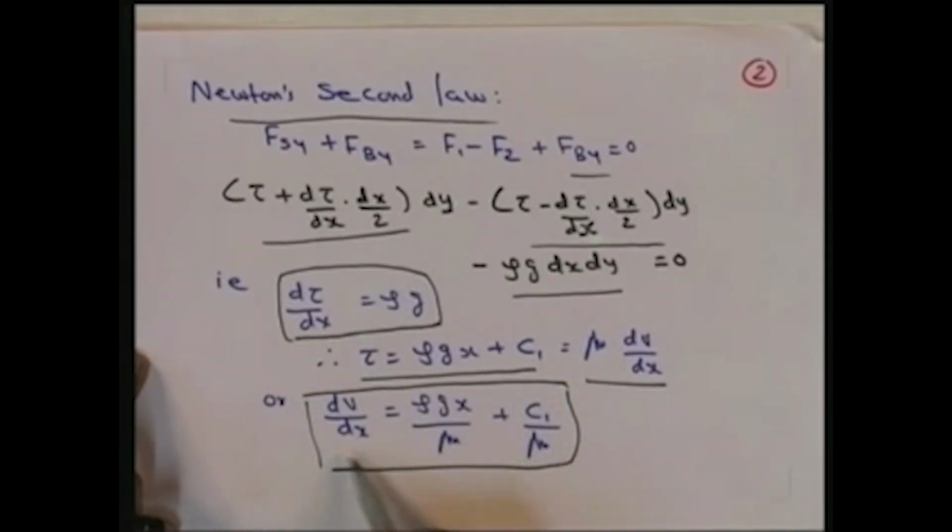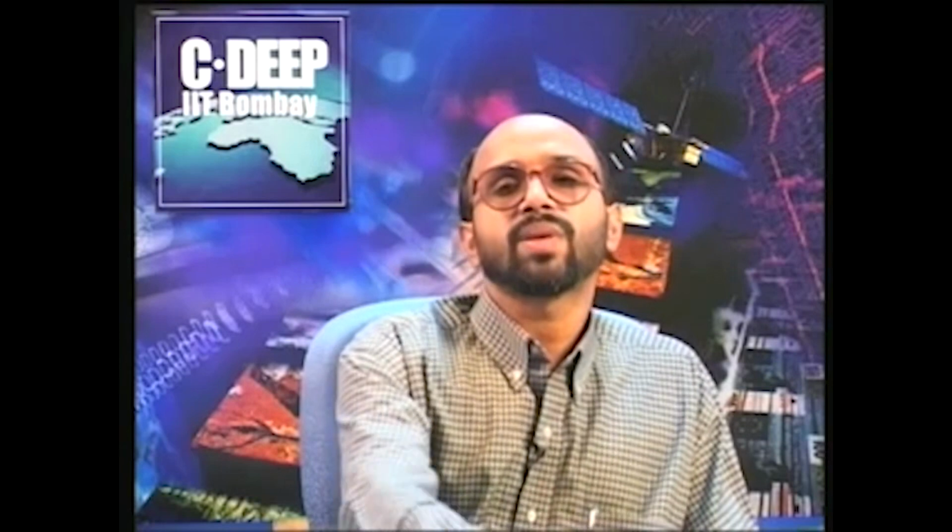So, now finally we get an expression in terms of velocity. Our aim is to find out the velocity distribution. So, we get dv by dx is equal to rho g x by mu plus c1 by mu. Now, as in the previous cases, here again we can integrate, since we got an expression for dv by dx, to get an expression for the velocity.